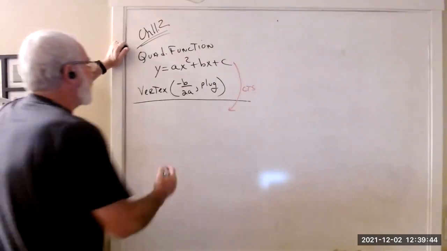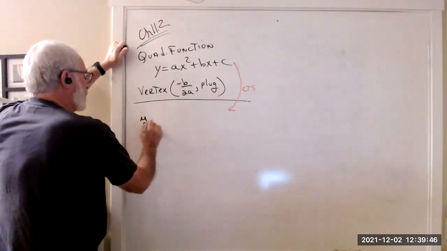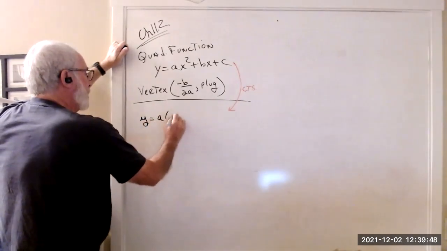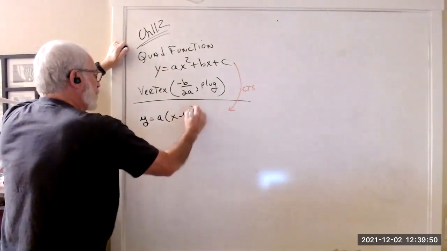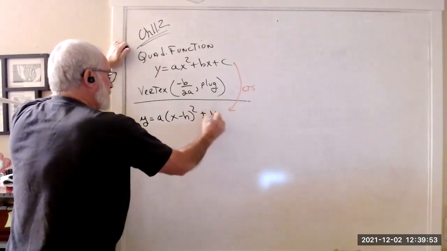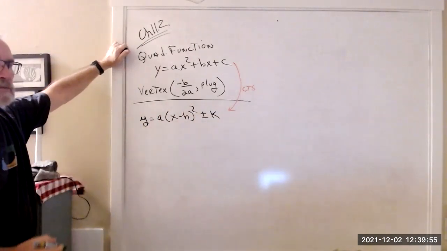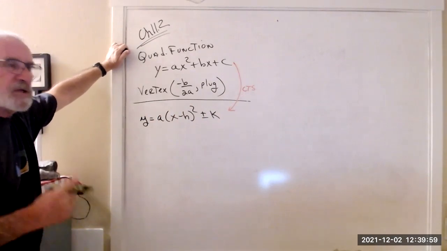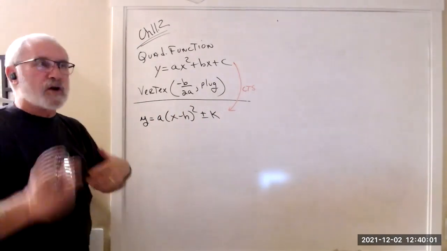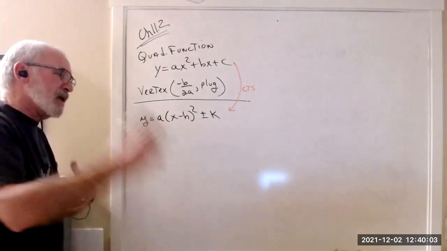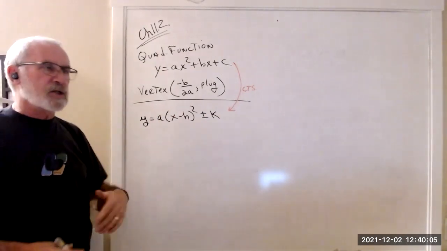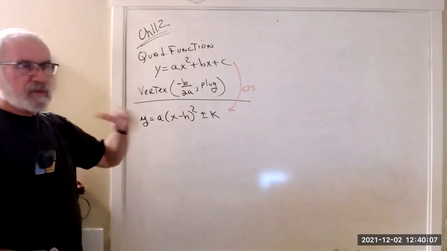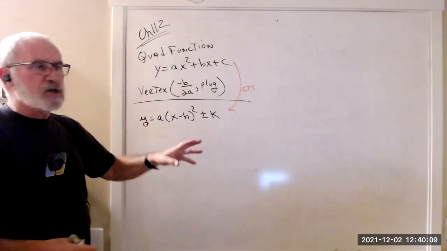But sometimes they introduce the quadratic function as y equals a(x minus h) squared plus or minus k. They use that magic completing the square stuff, where you take half of the b value and all that. It's not hard, I just don't want to teach it now.